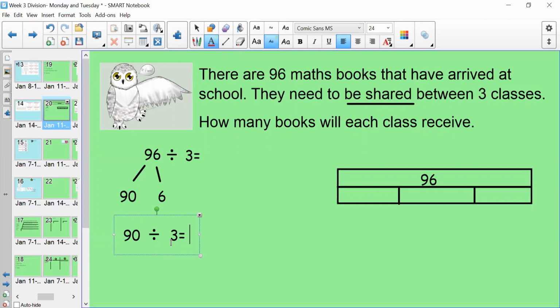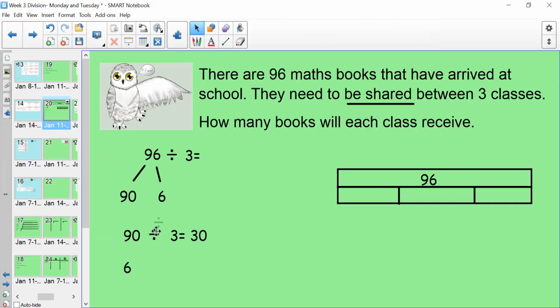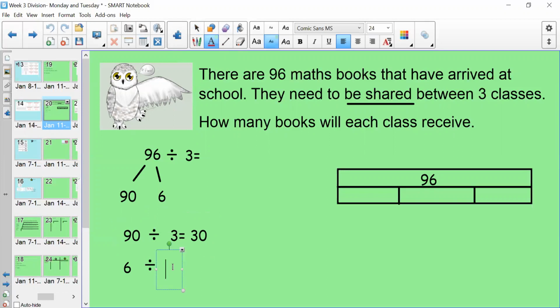So 90 divided by 3 is 30. And then our next one would have been 6 divided by 3 equals 2. Then we've got to add those 2 back together. So 30 and 2 is 32, and that is our answer.